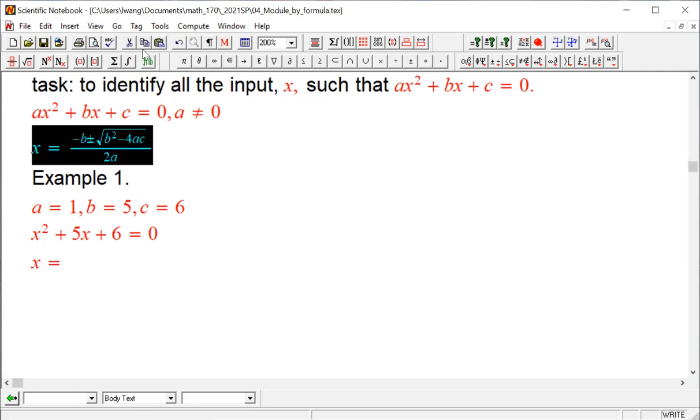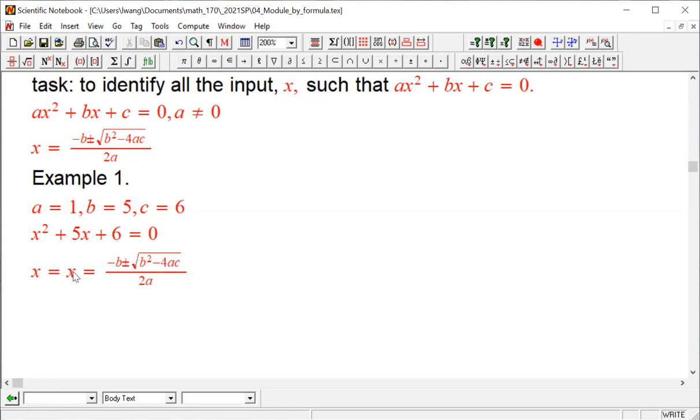And x will equal, we'll bring the formula with us. Okay, so 2 times 1, and negative 5, b is 5, and 5 squared minus 4 times a is 1, c is 6.